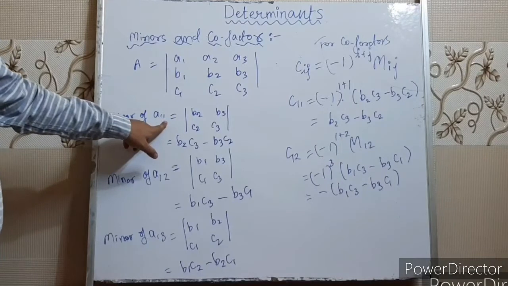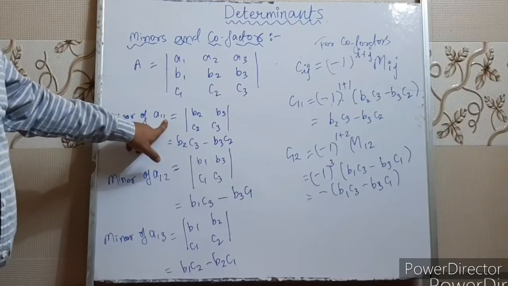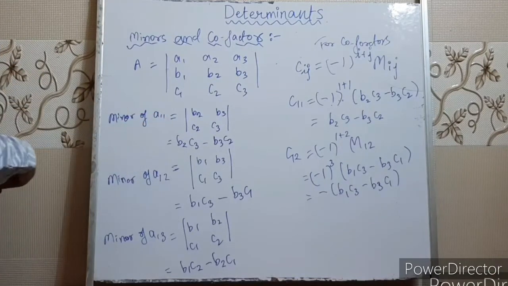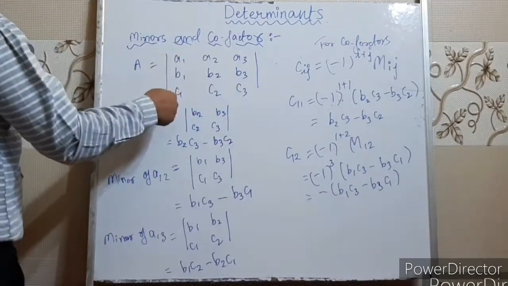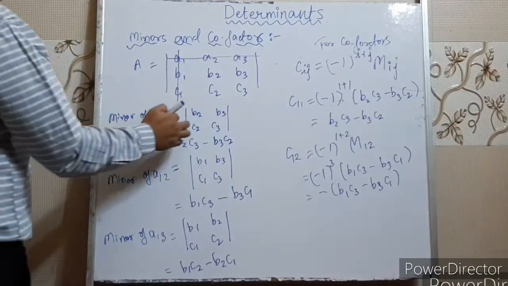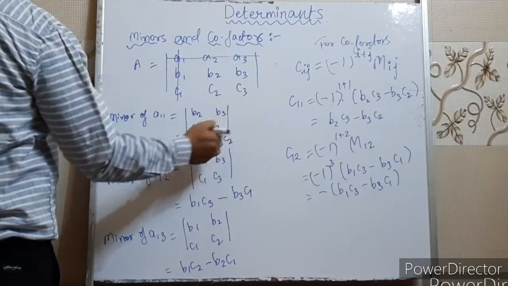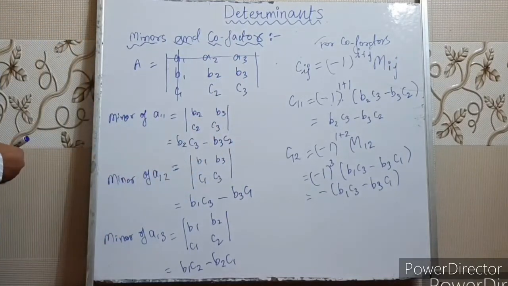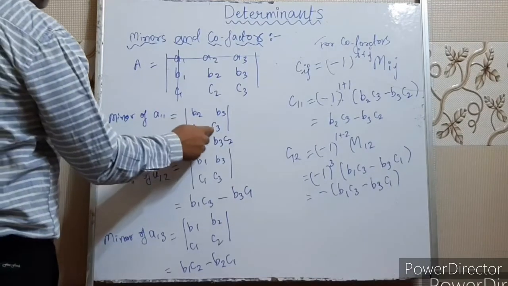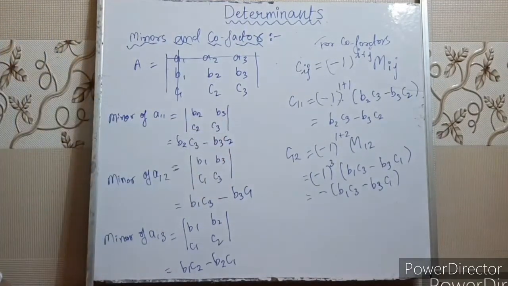This A11 represents the minor of the element in first row and first column. So we are going to leave this first row and first column. When we remove them, we get the determinant B2, B3, C2, C3. When we expand this determinant, we get B2, C3 minus C2, B3, or B3, C2, right?